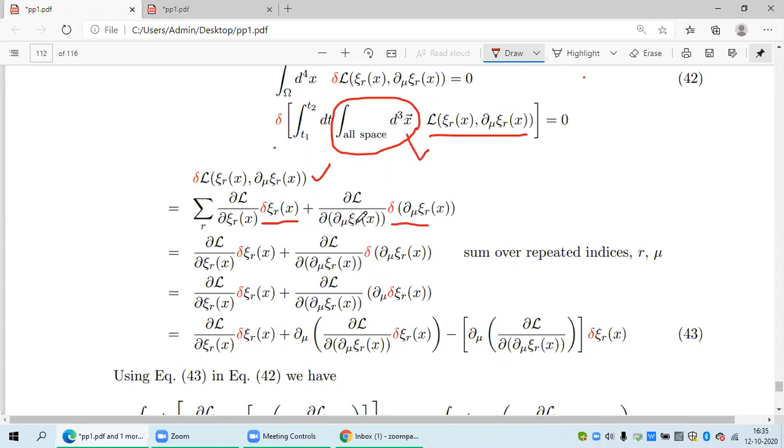Okay, so this was the only difference from the classical mechanics case. Is it clear to everybody? Sanjay sir will do it in class, but try to understand it from this point. Then it will be easier for you.